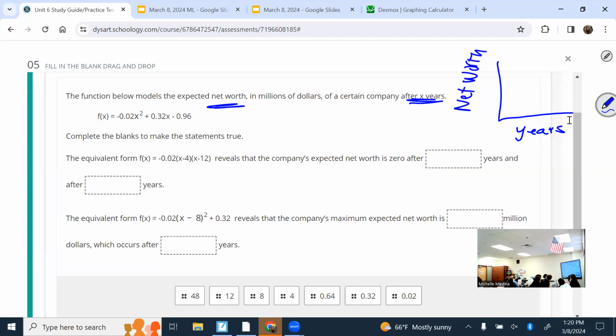You can graph this in Desmos and see how it looks, and then try using the features on that graph to solve these. Like, when is the net worth 0? It's 0 at the x-axis. See where it touches there. What's my maximum? Well, that would be the tallest part of my graph. Interpret it that way. All right, any other questions?